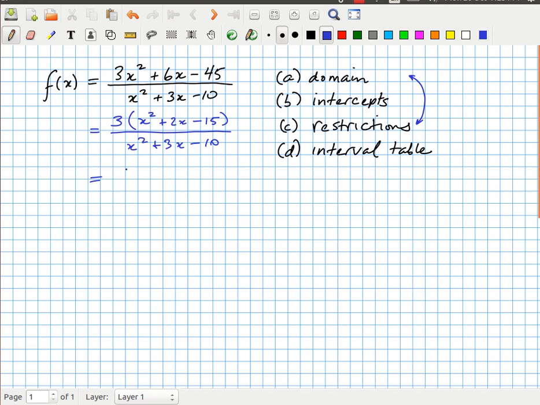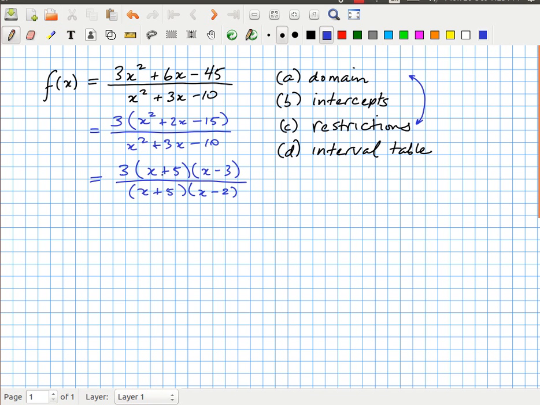So in the next step, I'm going to leave that 3 out. Two numbers that multiply to negative 15 and add to positive 2. That's going to give me x plus 5 and x minus 3. And in the denominator, two numbers that multiply to negative 10 and add to positive 3. That's going to be an x plus 5 and an x minus 2.